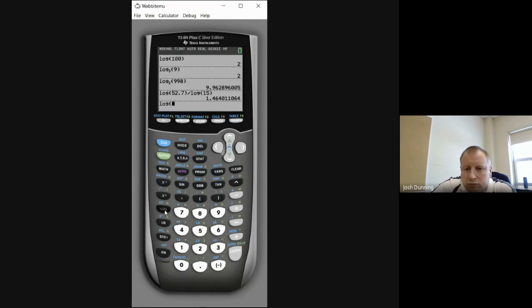Okay, so log 25, close those parentheses, divide by log 12. 1.29, like I said, we'll go to the tenth, 1.3.